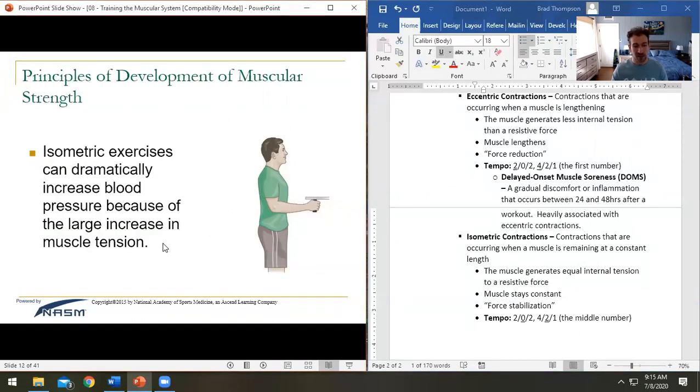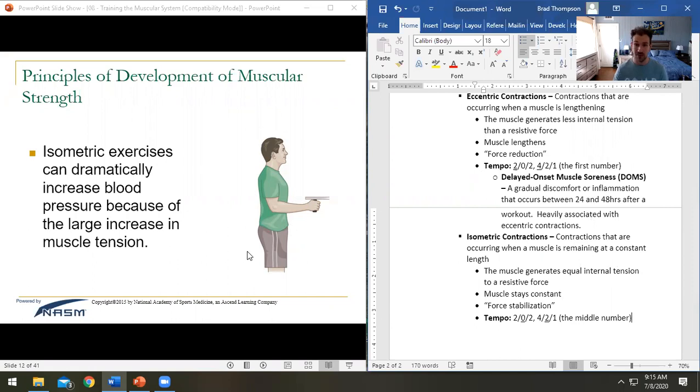So isometric exercises are kind of cool, but the one thing about them is that they massively increase your blood pressure. We like isometric contractions, don't get me wrong; they're a very important part of lifting, especially because stabilization is such an important concept that you want to maintain while you're exercising.